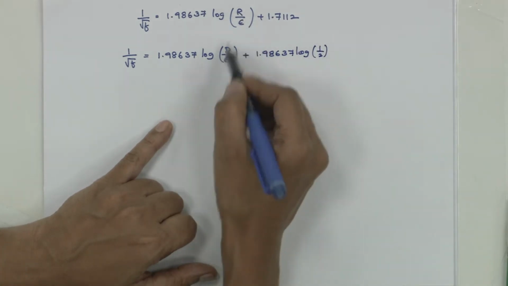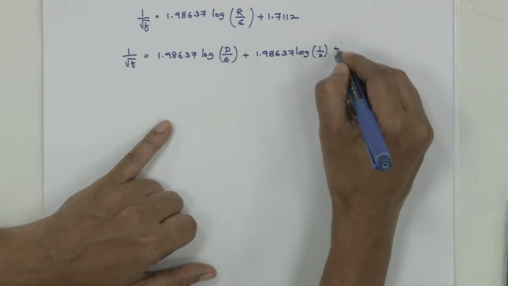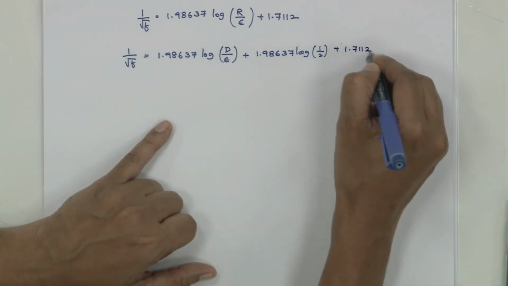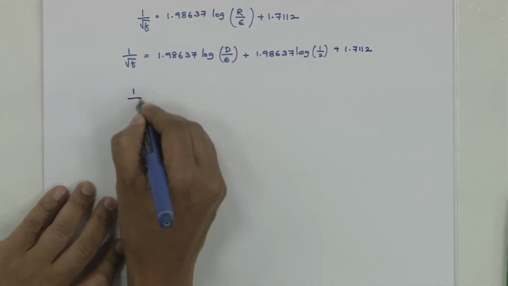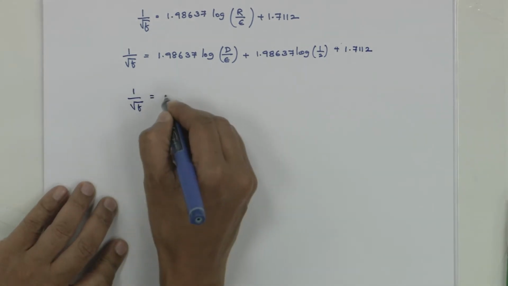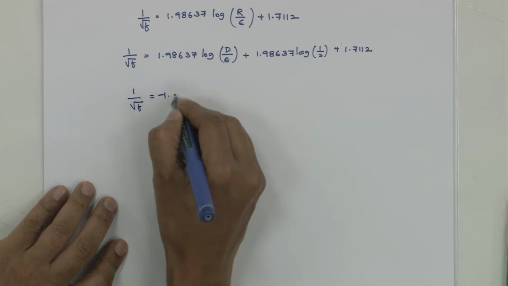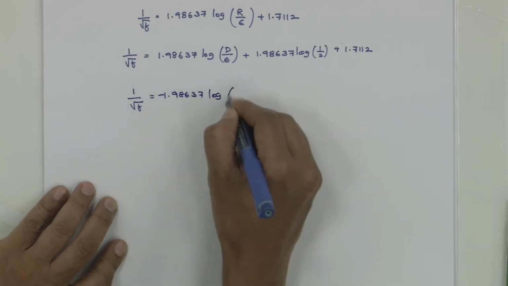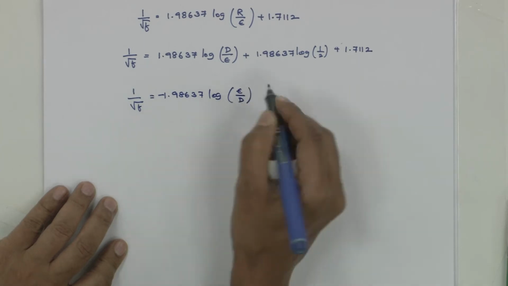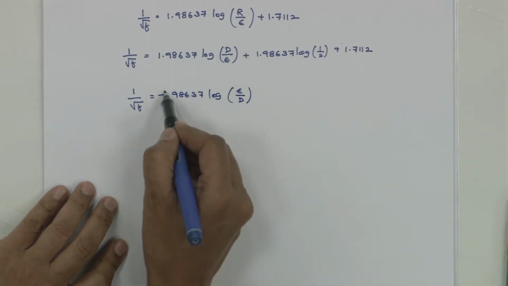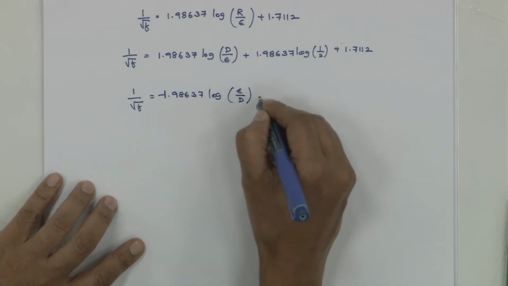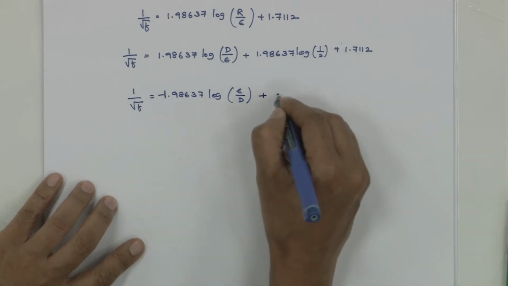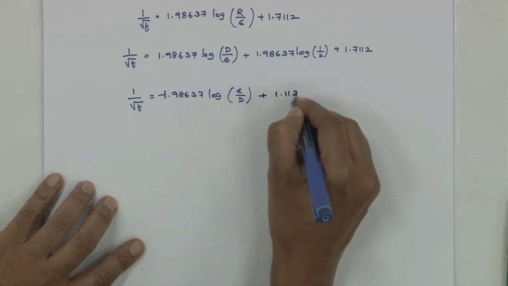Numerator 2 into r has become D, plus 1.7112. So I get 1 by root f equal to minus 1.98637 log of epsilon by D, because I am flipping epsilon to the numerator. So epsilon by D, numerator and denominator I have flipped, that's why this negative sign, plus whole of this, if I take this constant I get 1.1132.